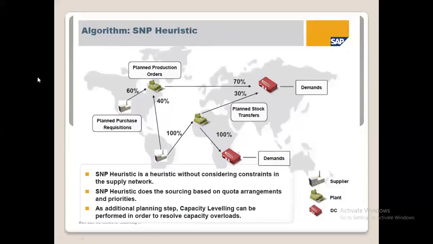If you see here, SNP heuristic is a heuristic without considering the constraints in the supply network, which means that to do the planning with the help of the heuristic engine, the system will not consider the capacity of the resource.